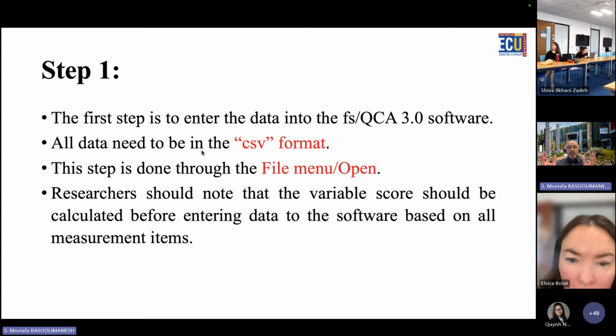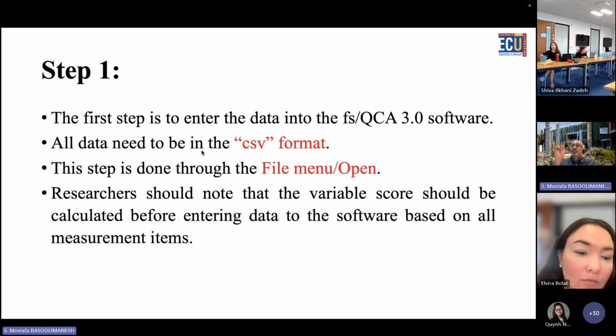So when you prepare your data and identify your calibration method, then you need to go to the software, and you can open your file. Your file should be in CSV format, so you can open your file in the fsQCA software, and then there are some functions for calibration, so you can use those functions.